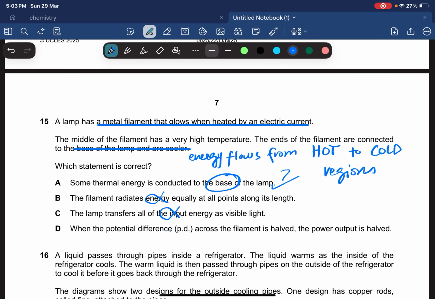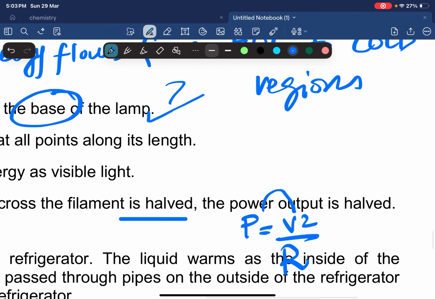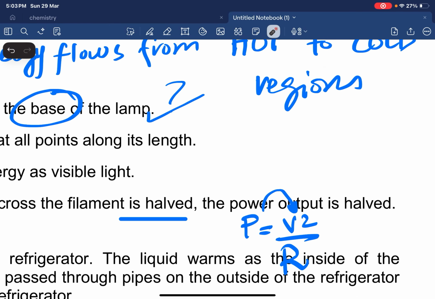When the potential difference across the filament is halved, the power output is halved. No. Look, P equals V square upon R. I say that my R is constant. The relationship between power and V is not a direct relation. Power is directly proportional to V squared. Got it? So when the power output is halved, what's going to happen to V?